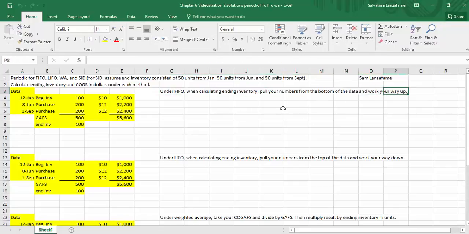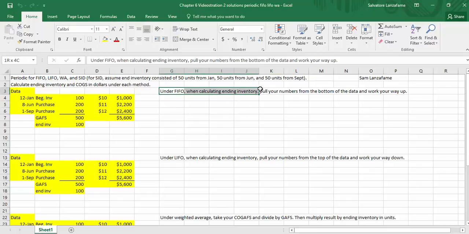Okay, so that's what we want to try and do. So what may be jumping out at you initially is, boy, that seems backwards. Why am I pulling from the end? I thought first in were the first ones out.